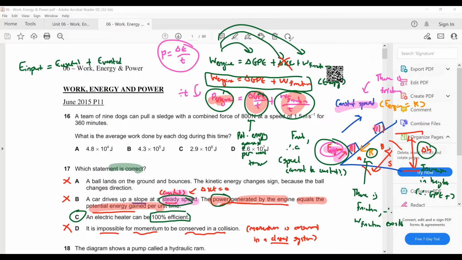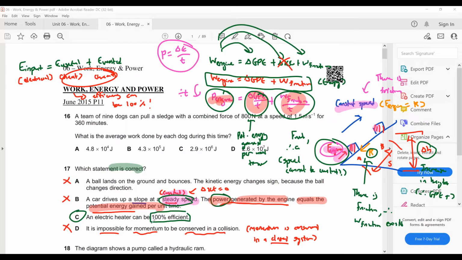It could be that your energy input for your heater is electrical, but what you want as your useful energy output is heat. But then energy wasted is also heat. So because of this, you can actually say that efficiency can be 100%. Because even your wasted heat, so-called wasted energy, is also heat, which is actually something that you want.